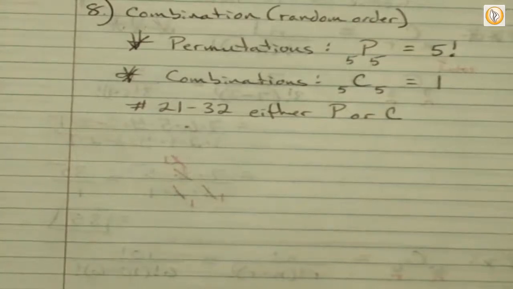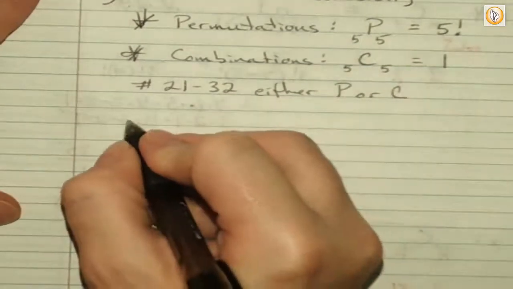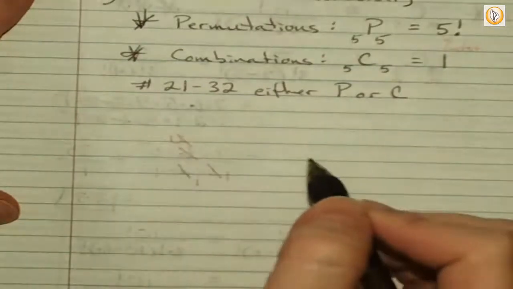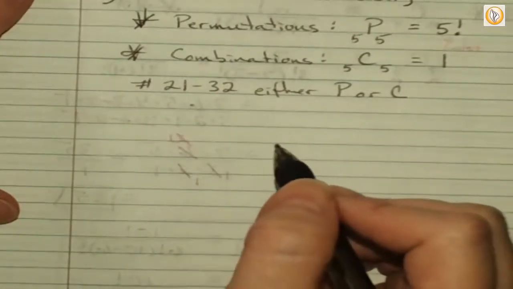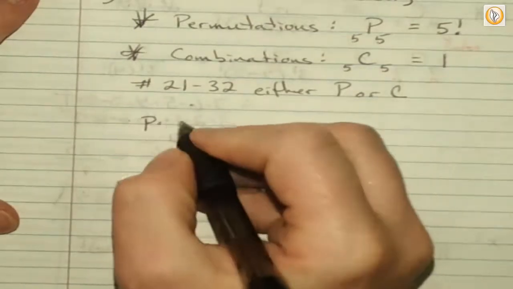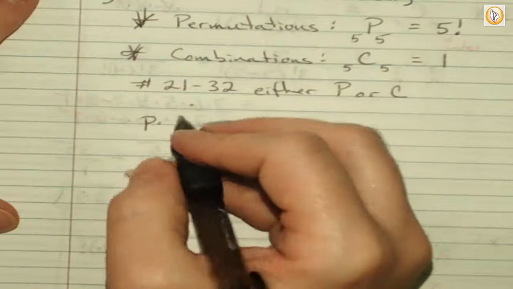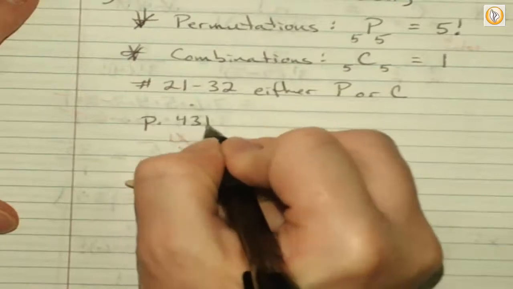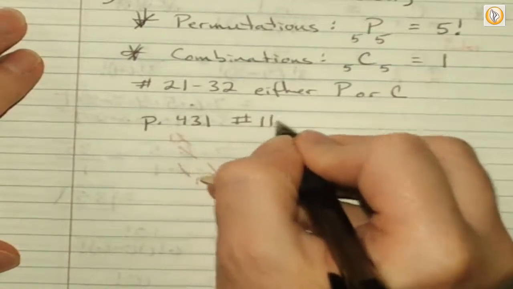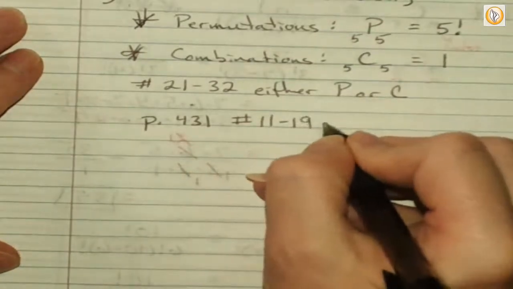Now, I'm going to be a nice person. I'm going to tell you what they are, because I don't want you doing all that work. Your homework today is going to be page 431, numbers 11 through 19 odd.